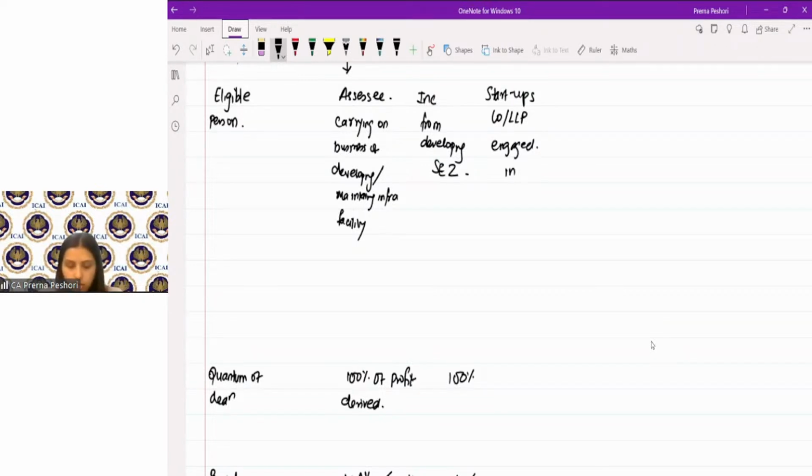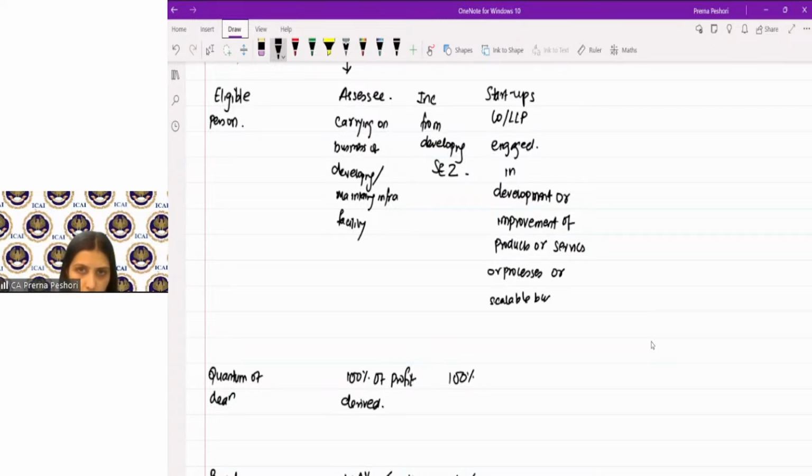So you can write down 80IAC: engaged in the development or improvement of products or services or processes or scalable business model with potential of employment generation.